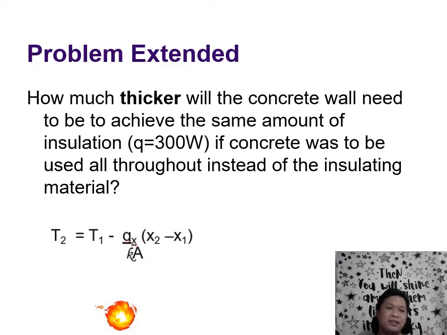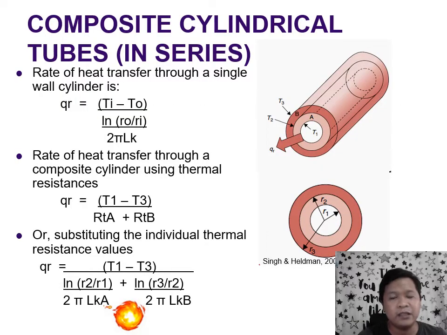Okay. So just like yung walls in series, we could also have composite cylindrical tubes in series, as is the case when, for example, dun sa steam pipe problem earlier, we added a layer of insulation on top of the steel to prevent the heat loss to the surroundings. Okay, so similar din naman siya, no? So we also use the thermal resistance concept. Okay.